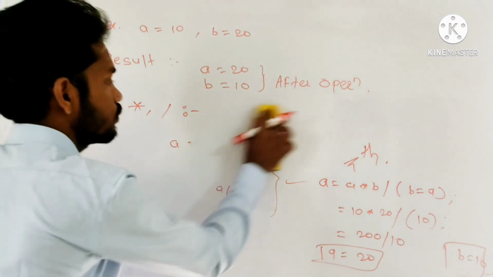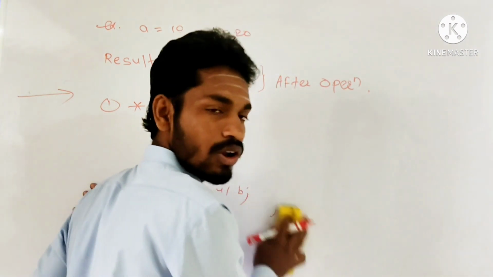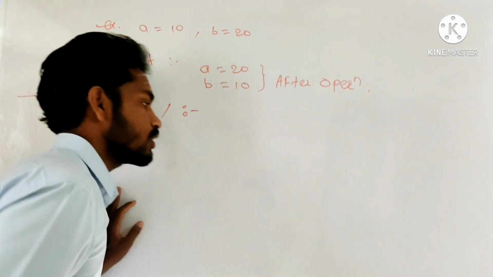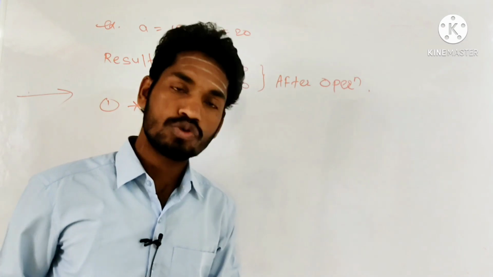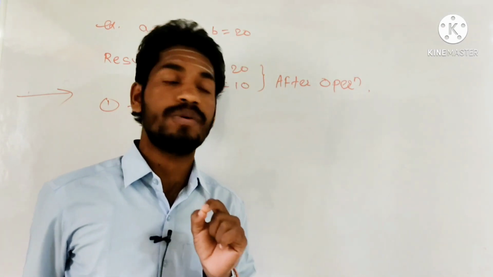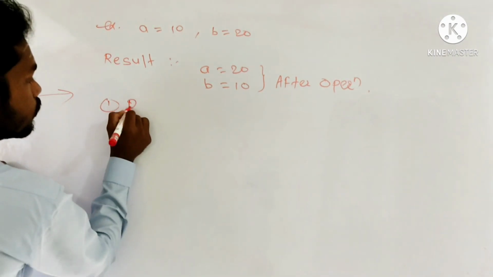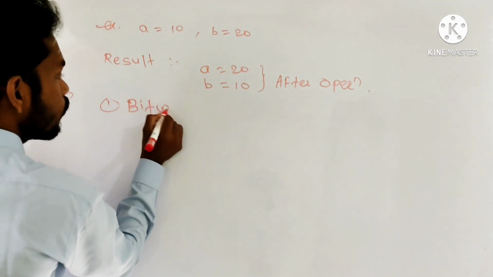Now we will go for the fifth solution, and it is one of the important solutions. Most interviewers ask: write a program to swap the content of two variables using a bitwise operator.